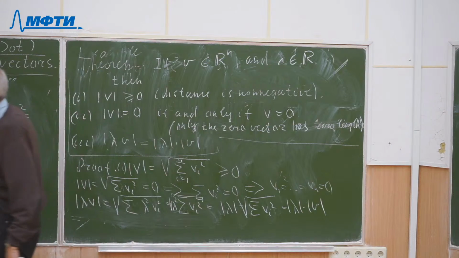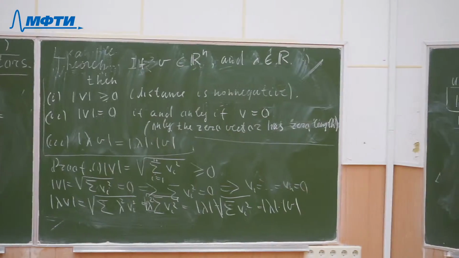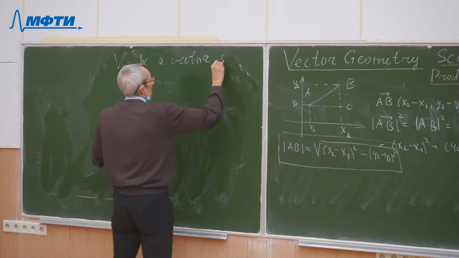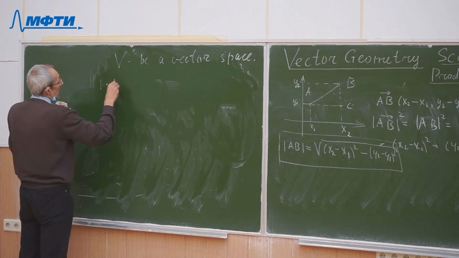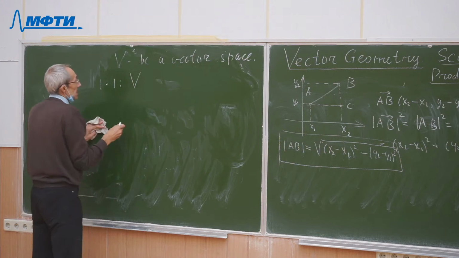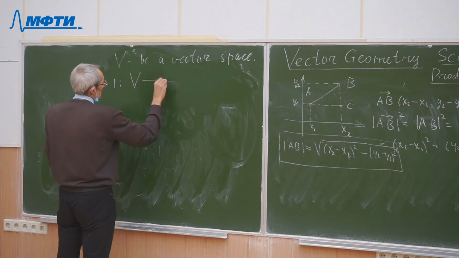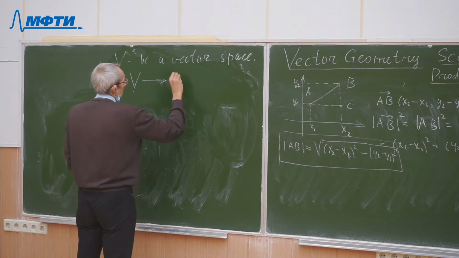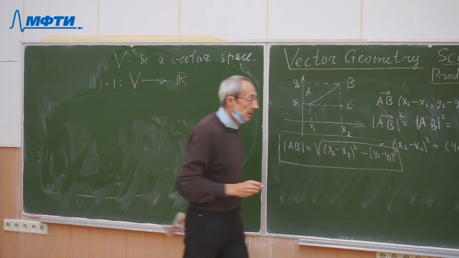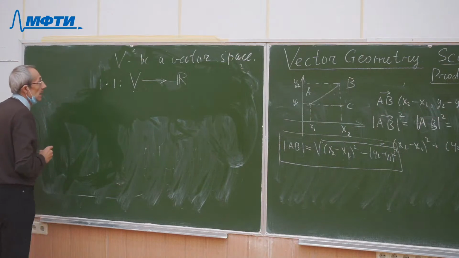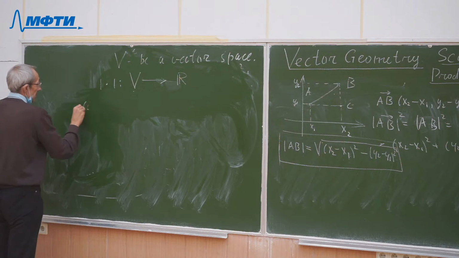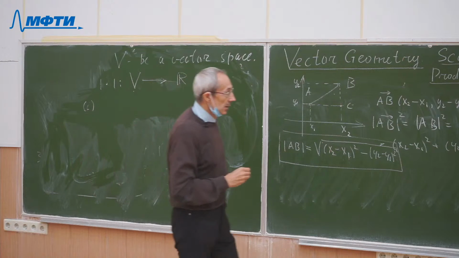is defined the norm of a vector or distance if is defined some mapping from V into the real number field R, and this mapping has the following properties.